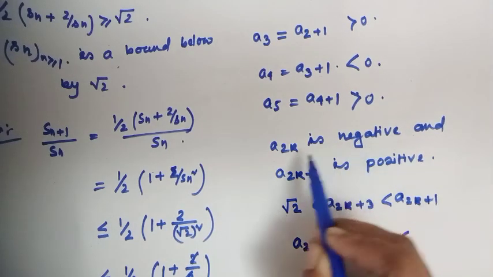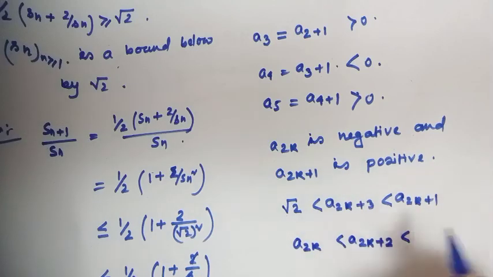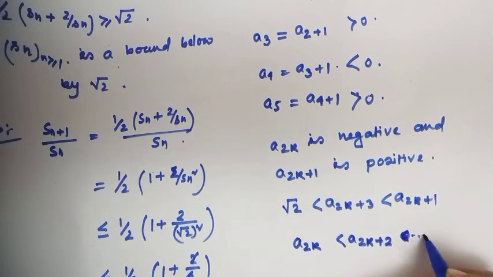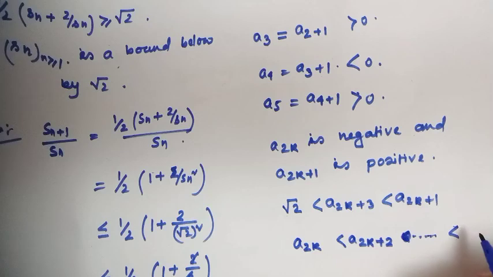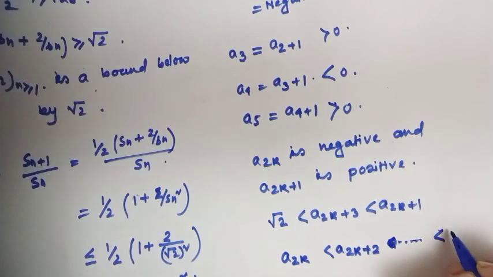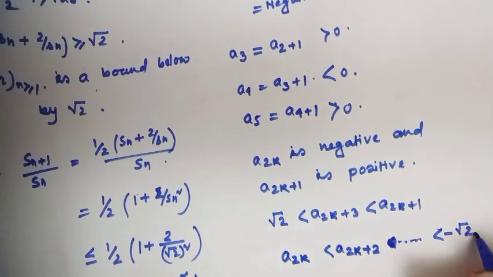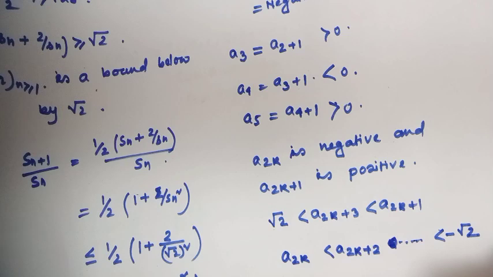Since this sequence is negative, this is bounded above by minus the square root of 2. Okay? Are you getting my point?